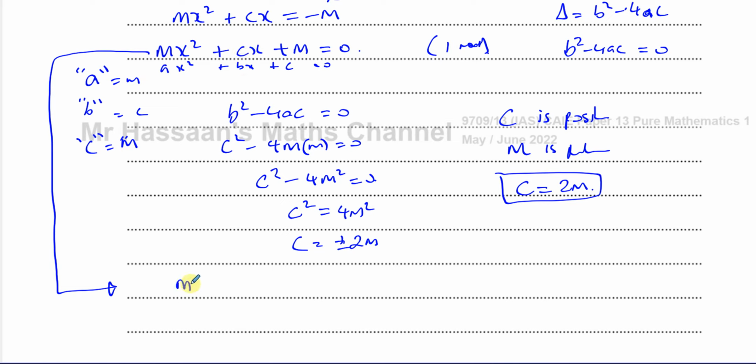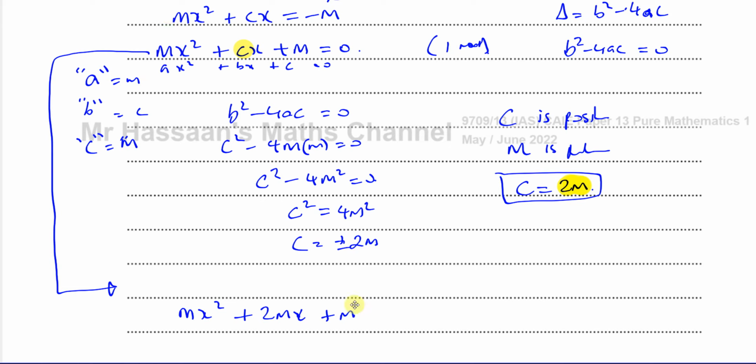So I have mx squared plus 2mx plus m, because c is equal to 2m. The 2m took the place of this c. Let me just write it a bit more clearly.